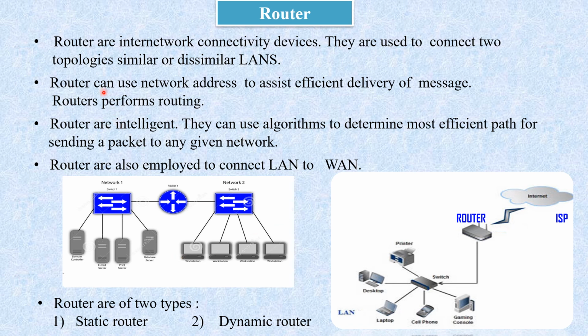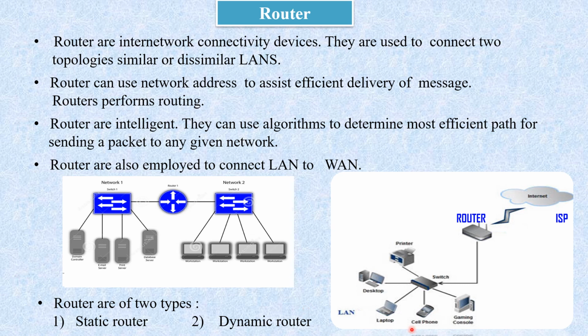A router can use a network address to assist in effectively delivering messages. The router performs routing. Routers are intelligent. They can use algorithms to determine the most efficient path for sending a packet to any given network. Now let us assume that we own a small office that contains 50 computers.